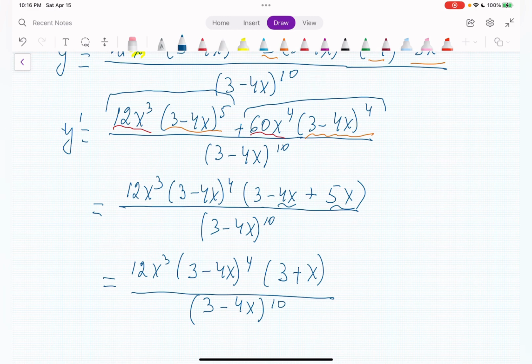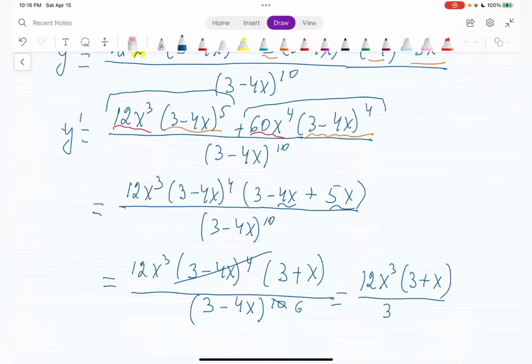So here we have the 3 minus 4x to power 4. Here will be 6. 10 minus 4, it's going to be 6. When we divide, we subtract exponents, remember? And the answer we get 12x cubed, 3 plus x, and we have 3 minus 4x to power 6. Okay, so let me take a picture and we place the answer.